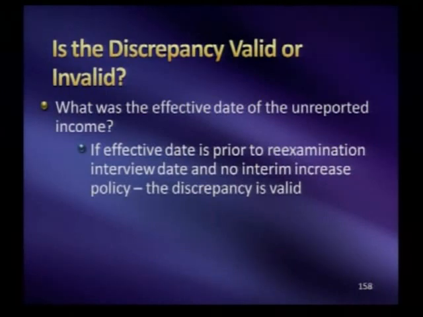However, on the flip side, if they started a job and they were working that job at the time you were doing the re-exam or after the re-exam and you require the family to report change in income, then you and Lillian are going to have a conversation. So the effective dates of the income that went unreported is the very first thing that you need to do to determine whether or not you have an issue on your hands.